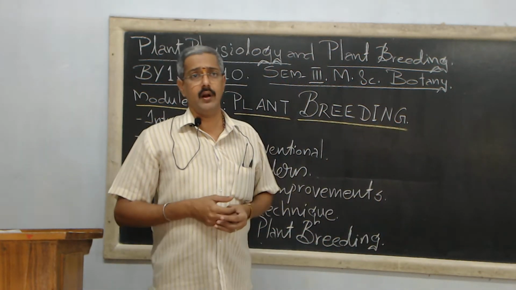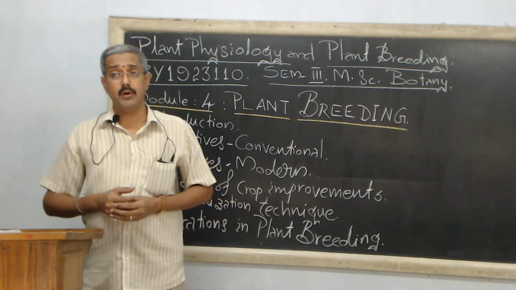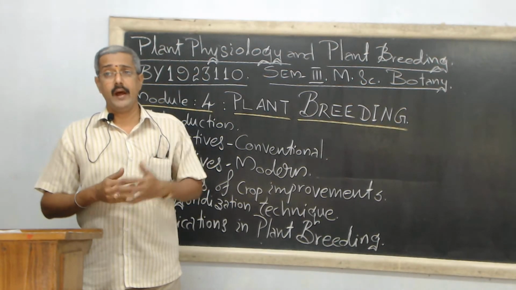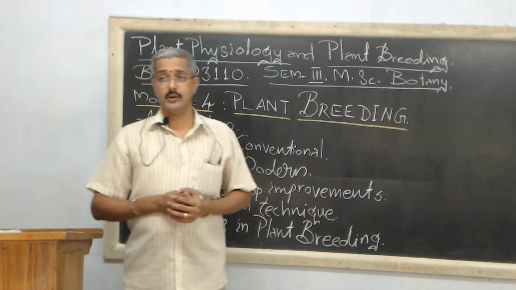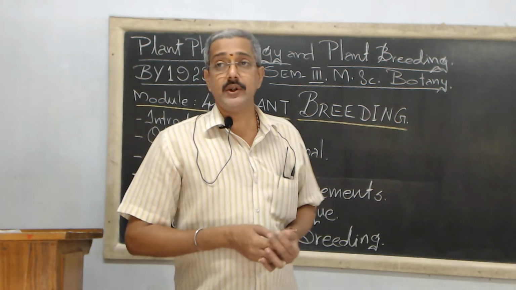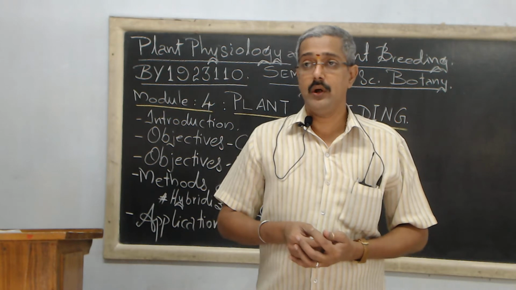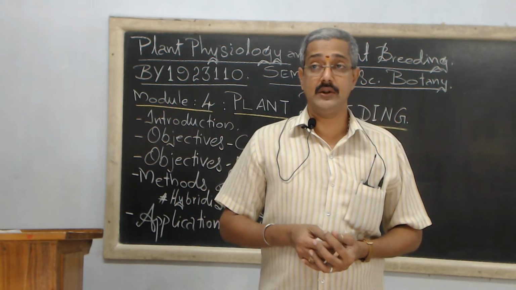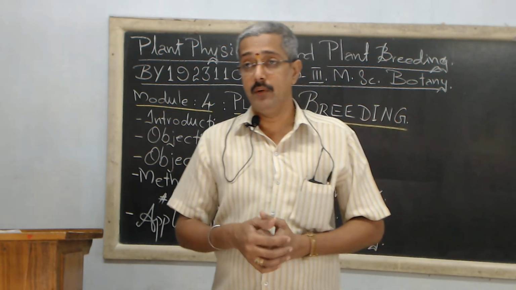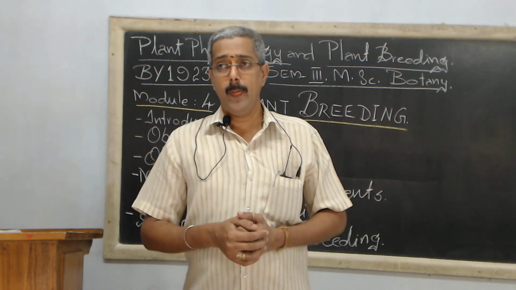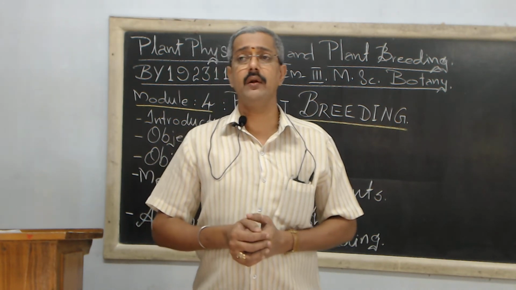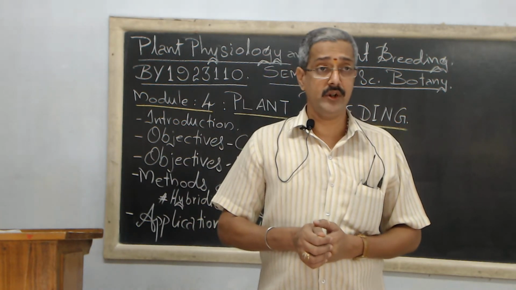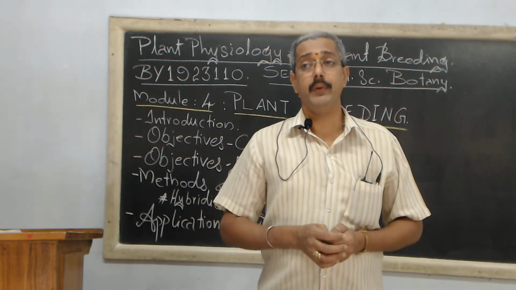So the zoologists and botanists together planned to analyze how much quantity of food materials or food crops were presently available, and the understanding revealed that it is not sufficient for human beings.